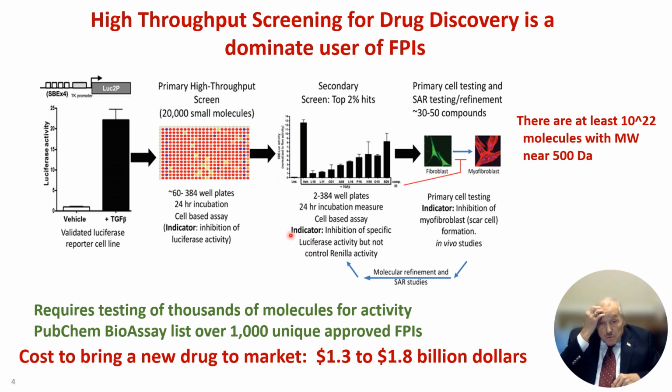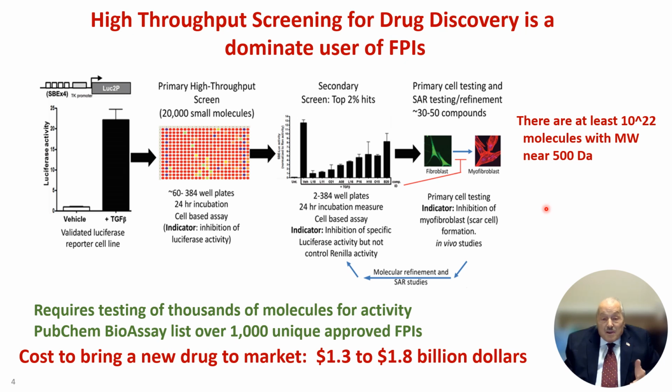And you have to screen thousands of compounds because the drugs that you're going to be looking at are probably about 500 Daltons. There's at least 10 to the 22nd possible molecules of 10 to the 20 Daltons. You could never get them all, and you could never test them all.